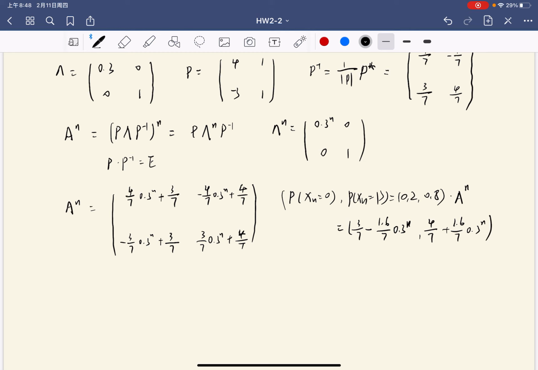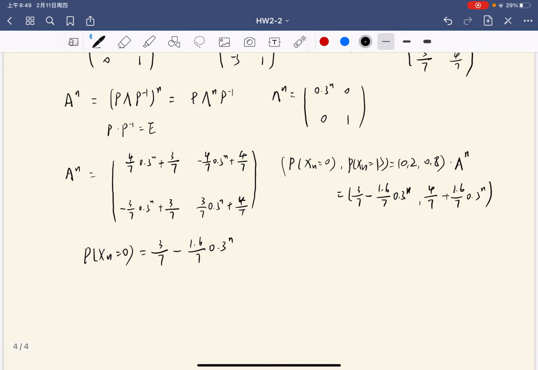And so we find that the probability of xn equals 0 is 3/7 minus 1.6/7 multiplied by 0.3 to the power of n.